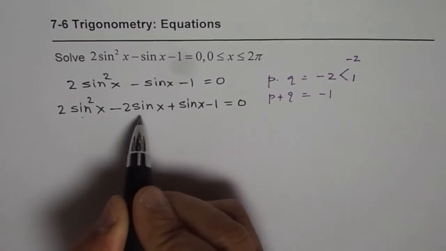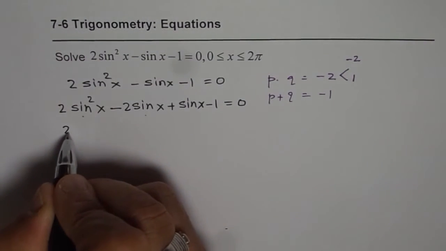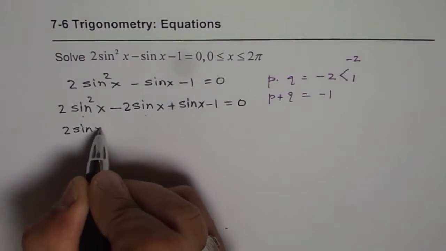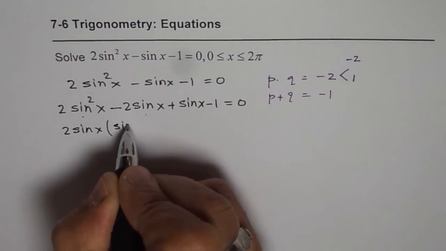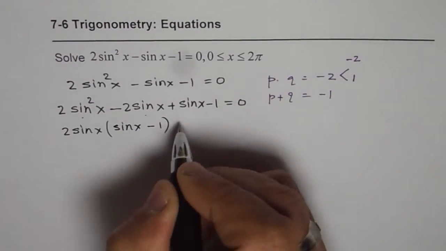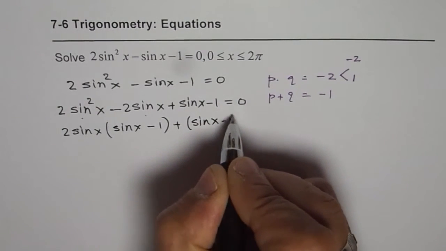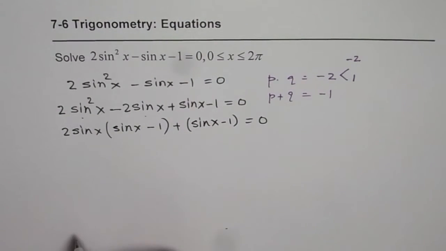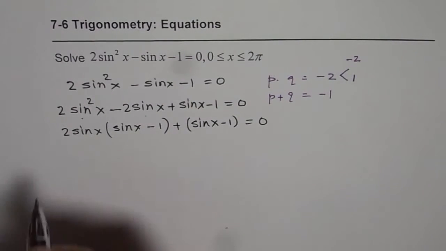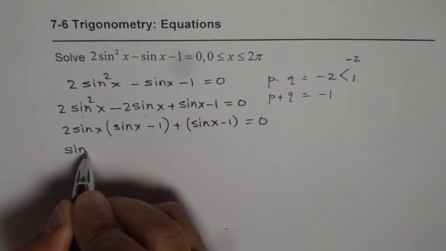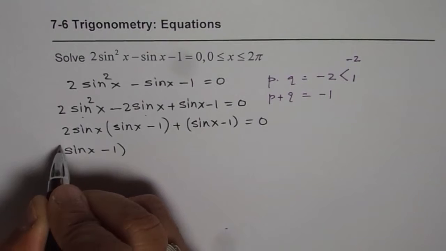Now we can combine these two terms, taking 2 sine x common. So we get sine x minus 1, and here we have sine x minus 1, equals 0. Sine x minus 1 is common, so we can write sine x minus 1 as a common factor.